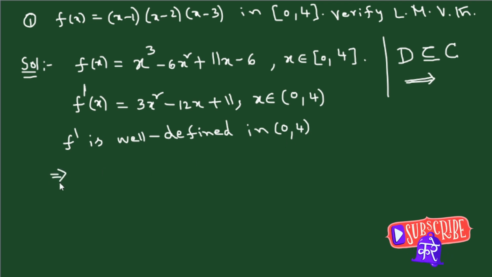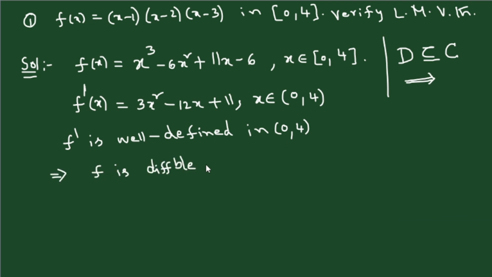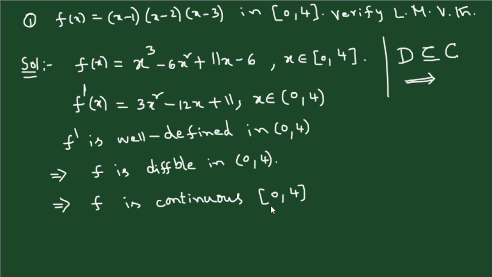So this implies f is differentiable in the open interval 0, comma 4, which is our requirement. So differentiability implies continuity. This implies f is continuous in the closed interval also, because it is a polynomial, continuous everywhere.